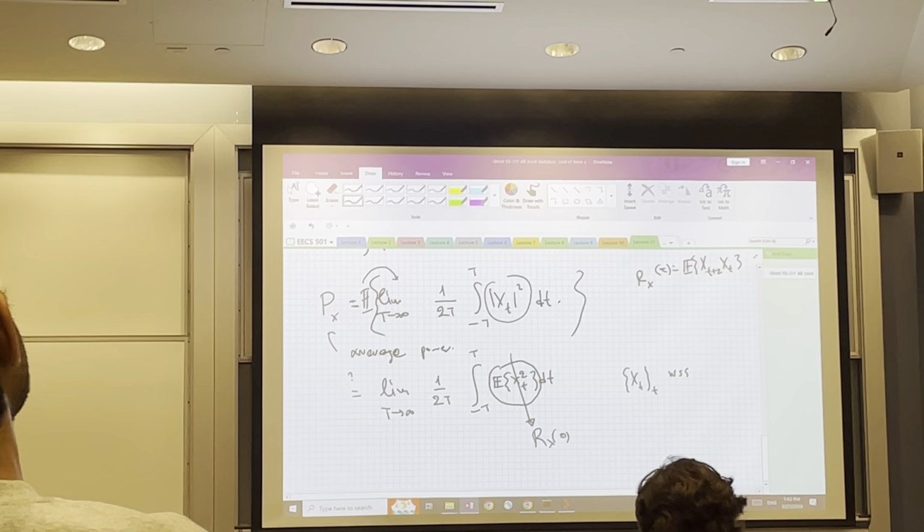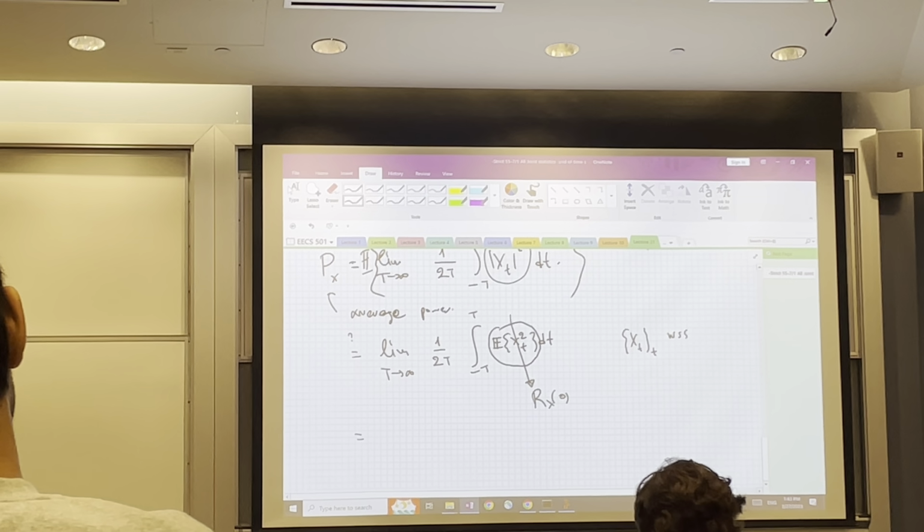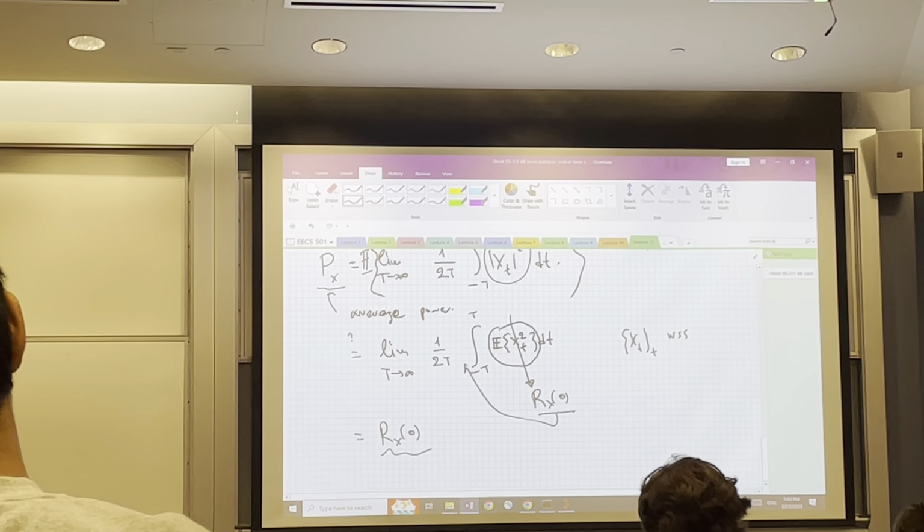What matters is only the difference between the two samples, right? So at tau equals 0, this is x of t times x of t. So that's Rx of 0. And now everything boils down to Rx of 0 being constant, so I take it out of the integral. The integral gives me 2t, and in the limit I get Rx of 0. Nice! So I know that the average power is Rx of 0.